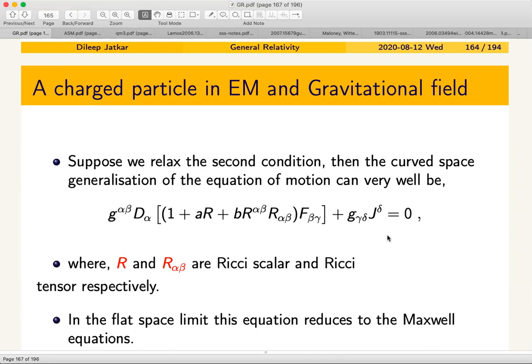Therefore, even if in the local Lorentz frame you can bring the metric to a flat metric form and the connection to zero, the derivatives of the connection may not necessarily be zero. And in that sense, the Ricci scalar and Ricci tensor would be non-trivial.